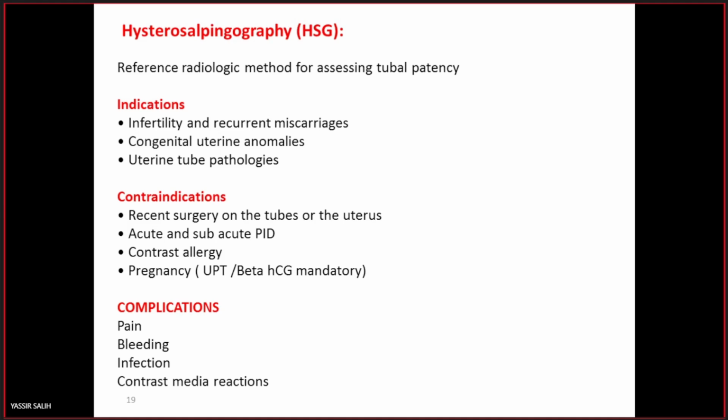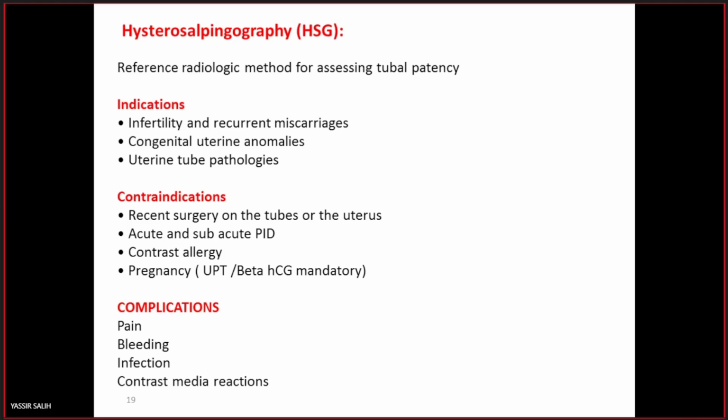any surgery, maybe even D&C, or a patient after abortion, or a patient with acute or subacute pelvic inflammatory disease. If we have severe infection, because this can cause ascending infection. If the patient has severe PID, pelvic inflammatory disease, this is also contraindicated.